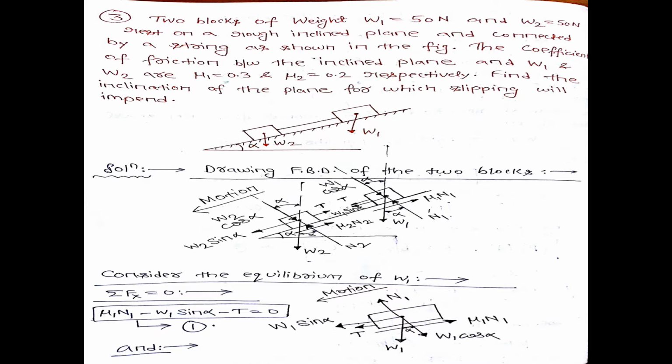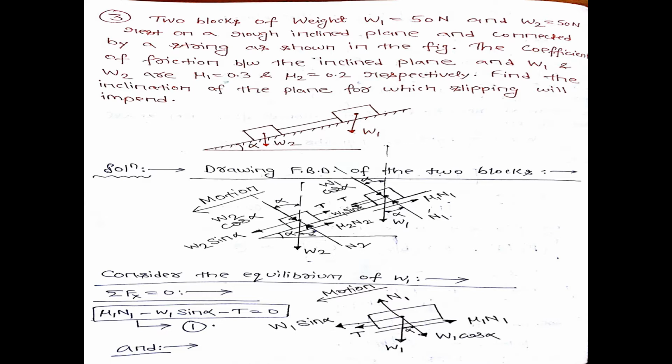So I'm reading the problem for you. Two blocks of weight W1 equal to 50 Newton and W2 equal to 50 Newton rest on a rough inclined plane and are connected by a string as shown in the figure.